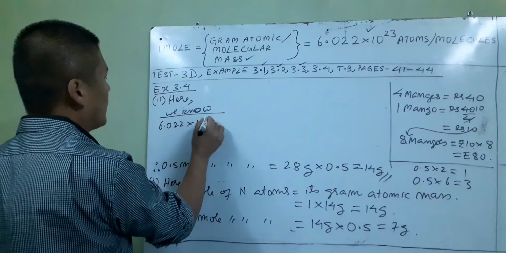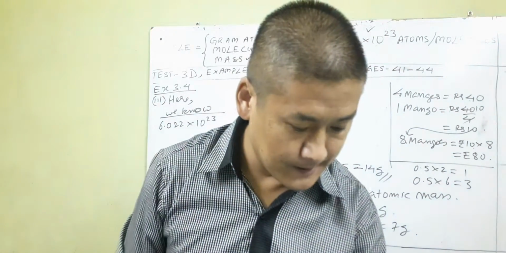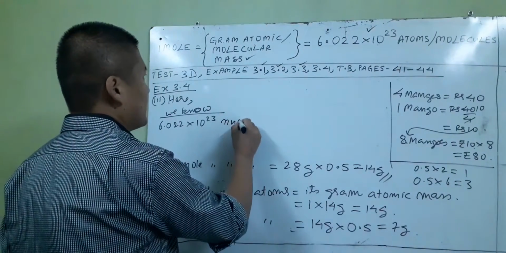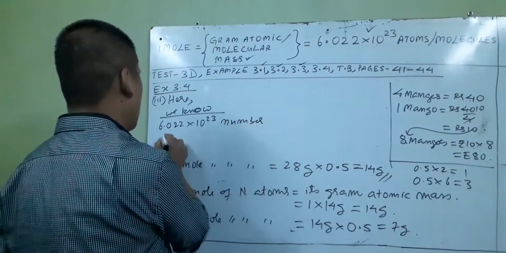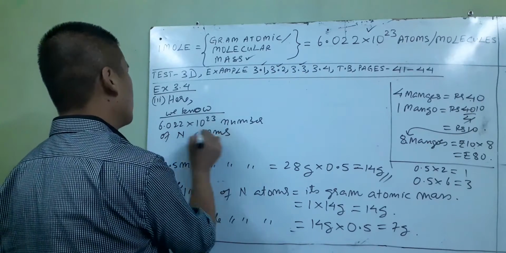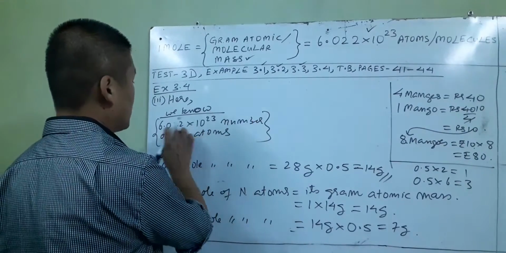that 6.022 into 10 to the power 23 atoms or molecules, clearly mention number of N atoms. So just write the same language, number of N atoms, according to the question language. This one is not from the question, this is from the formula.